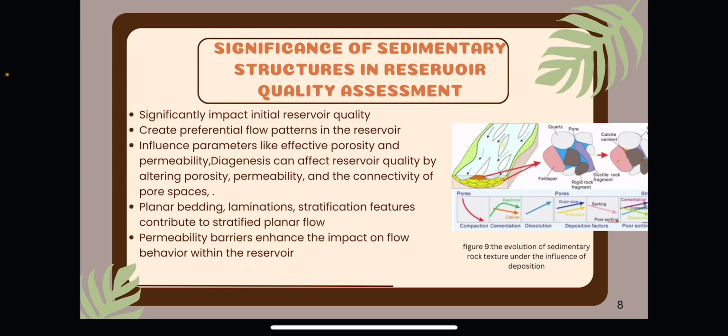Next is the significance of the sedimentary structures in reservoir quality assessment. Sedimentary structures can significantly impact the initial reservoir quality by creating preferential flow patterns in the reservoirs, which can influence parameters like effective porosity and permeability.